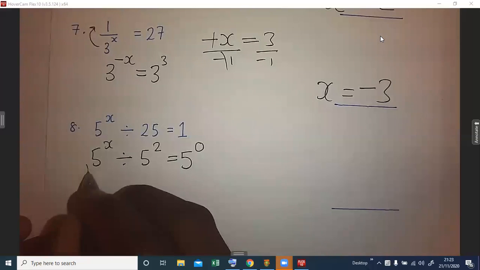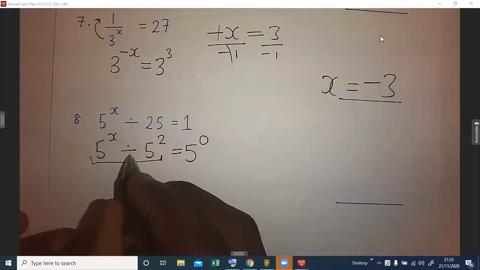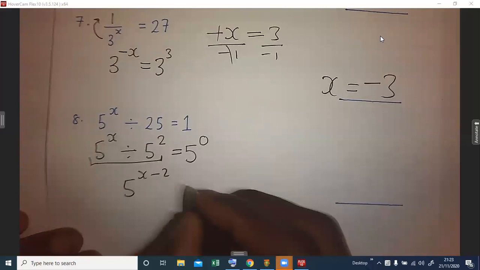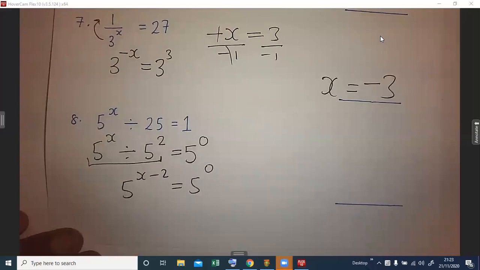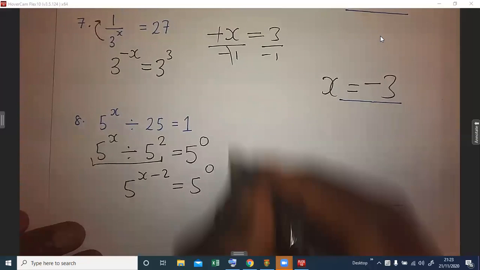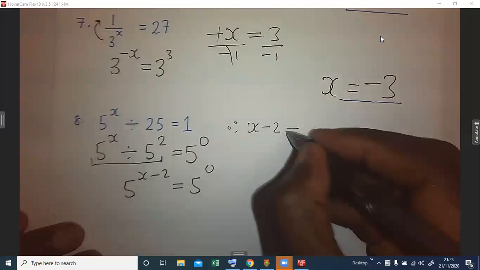Okay, now look at this part here. We said when you divide, you subtract the powers. So that means 5 to the x minus 2 is equal to 5 power 0. So when this side, the base is the same as that side, therefore it means even the powers will be equal.